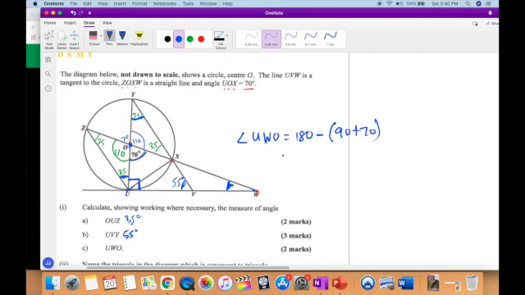Same kind of reasoning, which is what? Right, very good. So we have 20 degrees here, and that is because angles in triangle OUW equal 180 degrees.